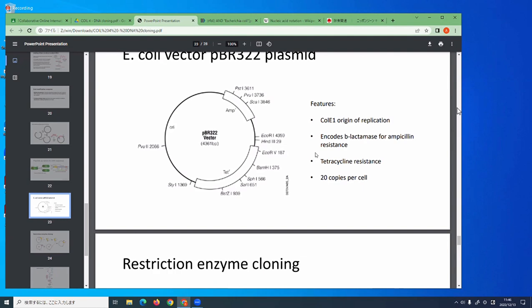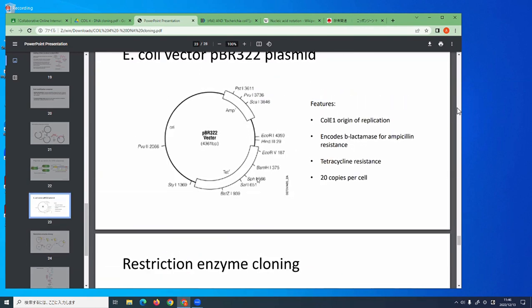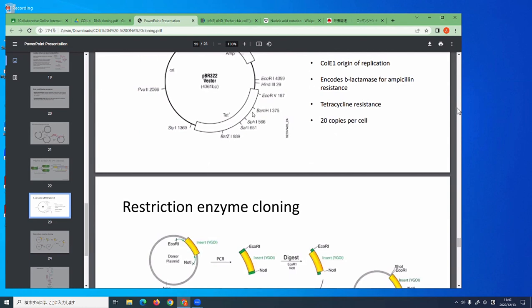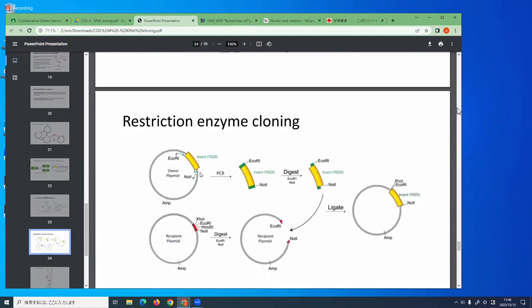So when you do restriction enzyme cloning, we use restriction enzymes. This example here has EcoRI and then other sites. I think we don't have NotI here, but the example below shows NotI. You can choose your restriction enzymes of your choice, and there are criteria for how you choose them. We'll see that afterwards.